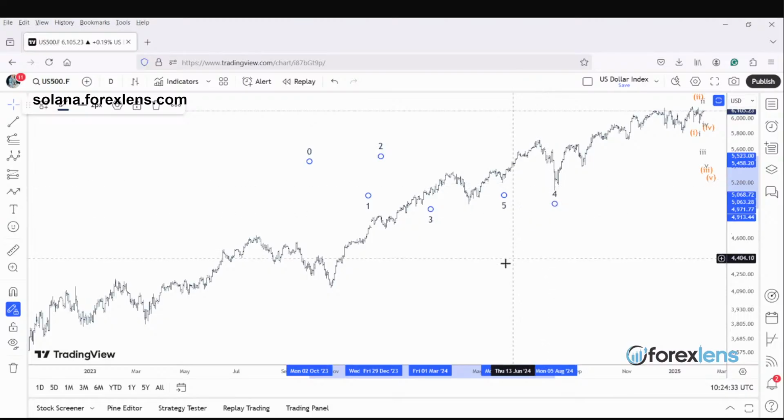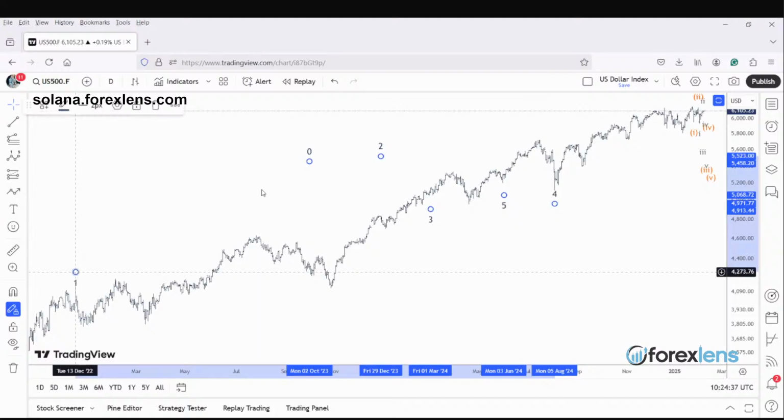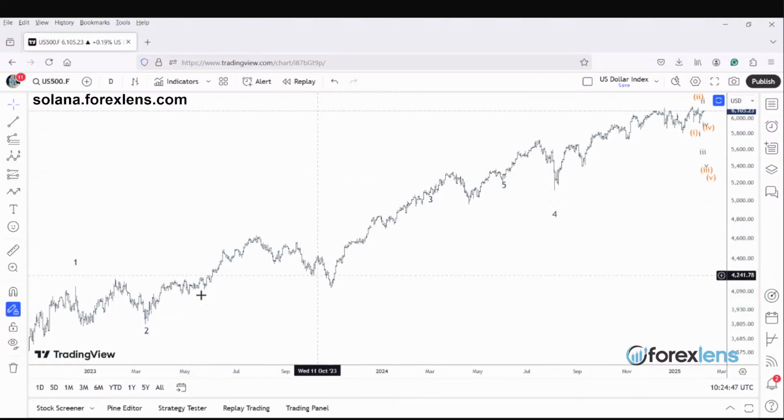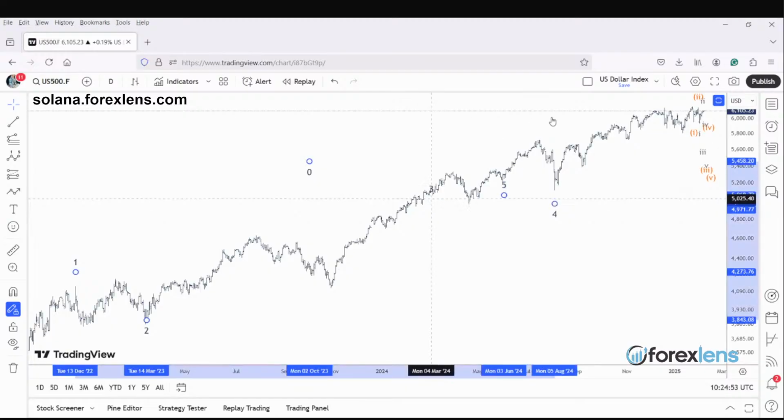August drop. And then we've got wave 1 here, wave 2, wave 3 was an extended form, 1, 2, 3, 4, and 5.